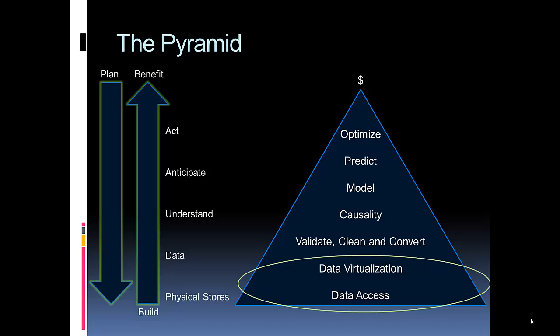Now, with any pyramid, what we really need to do is to plan from the top down in developing a solution that benefits the organization. So what is the objective that the organization is seeking?